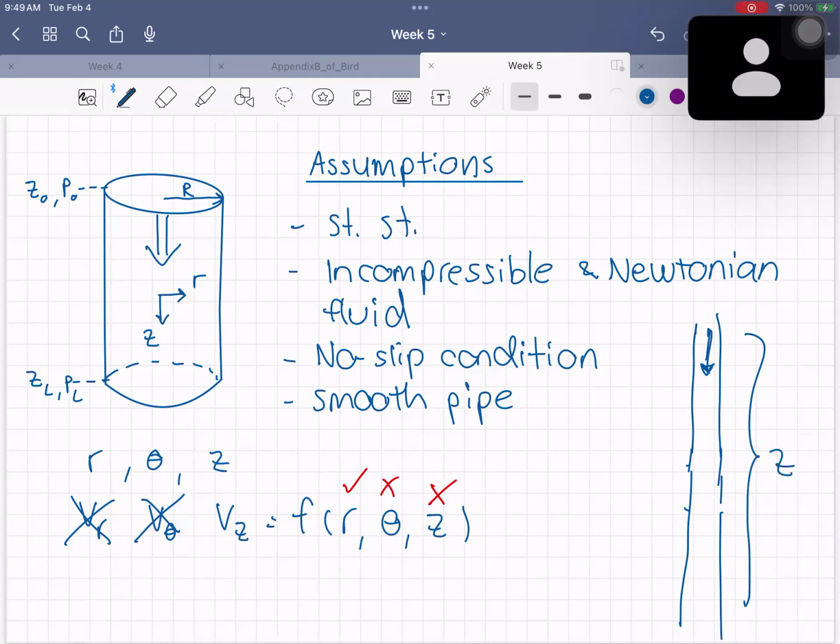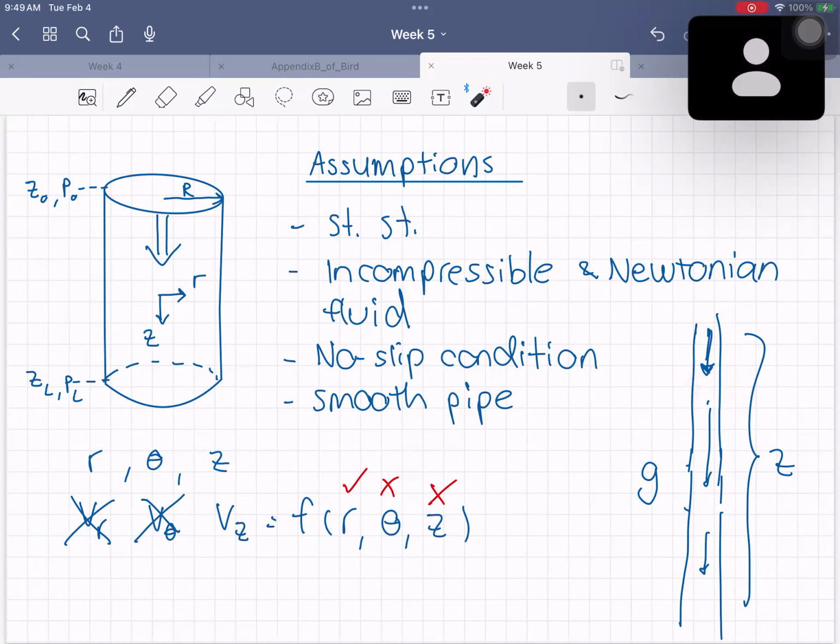I mean, it will receive the effect of gravity. Of course, the velocity will be higher and higher when it's flowing down further. So the velocity at the bottom will be faster compared to the velocity at the top.